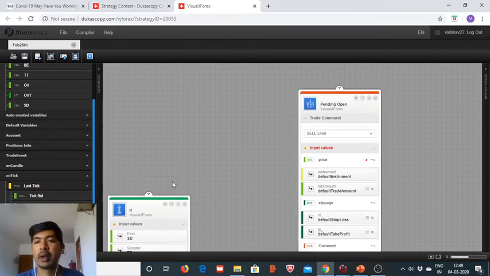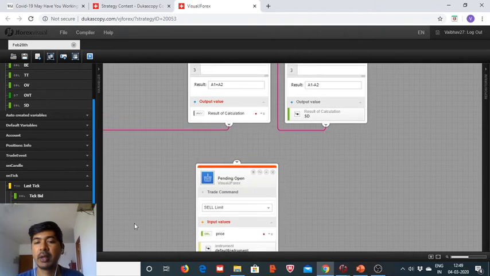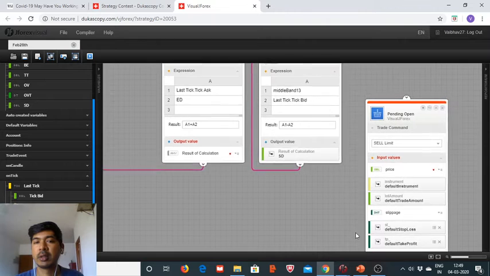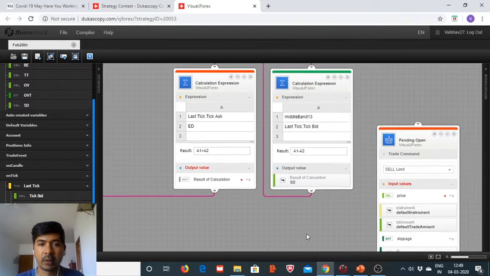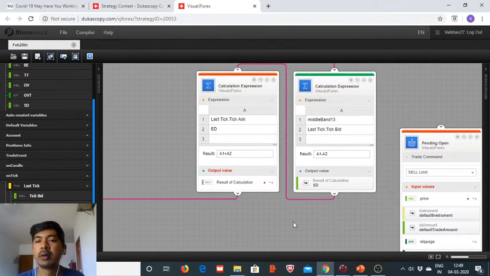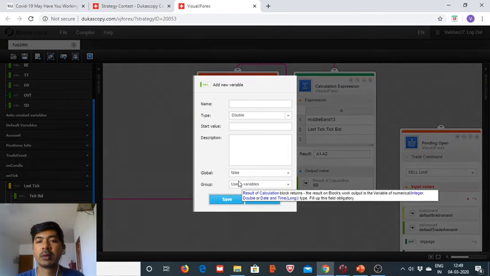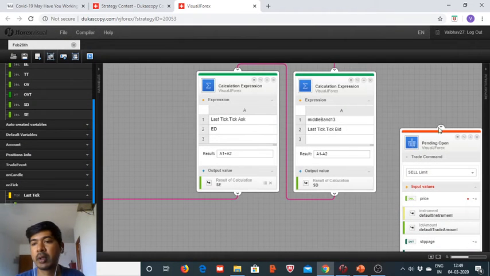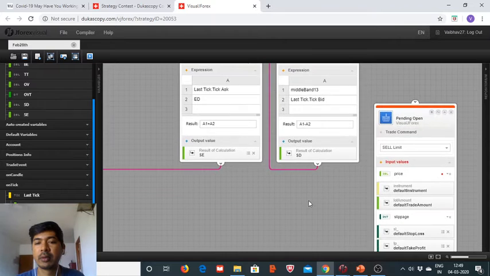We will need to add the price and the order validity time as well. So let's take this, and this is the SC sale entry, and this will be our price.